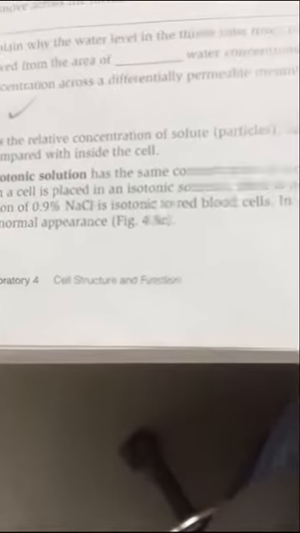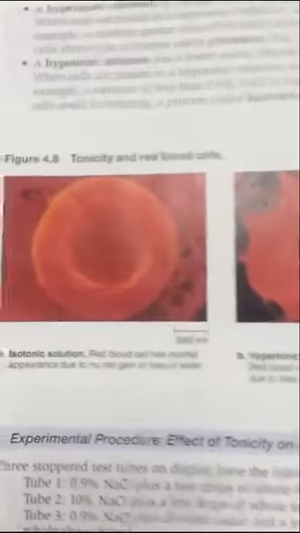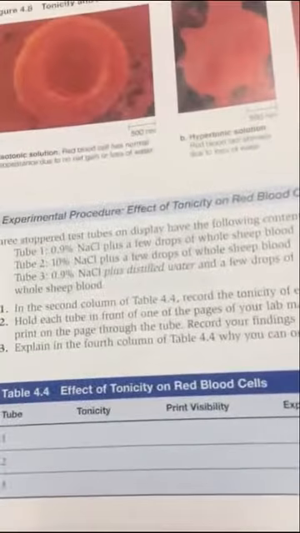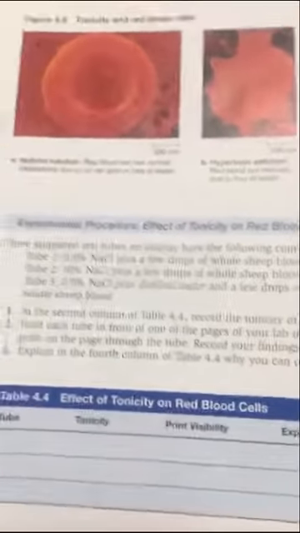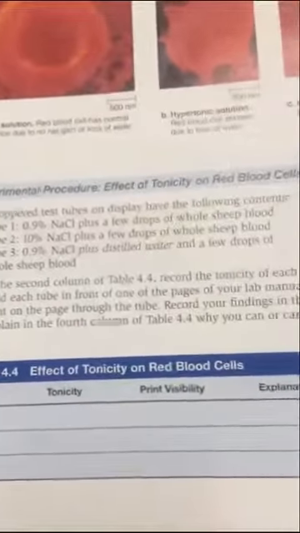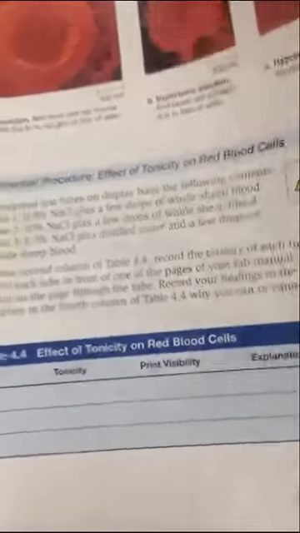So you're not going to get any movement of water into or out of that cell. Alright, and they do want us to use red blood cells. We will not be doing that. We used to do that when we could prick our finger with a lance, but we're not doing that these days. Okay, experimental procedure, effective tonicity on red blood cells. Again, we are omitting that, so we're not going to work with that.